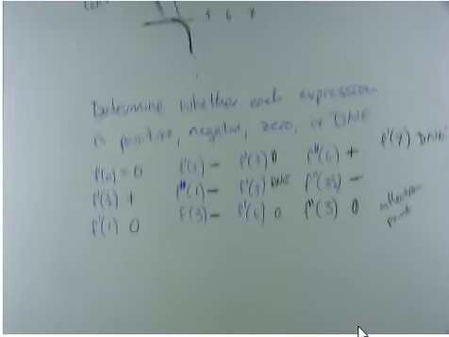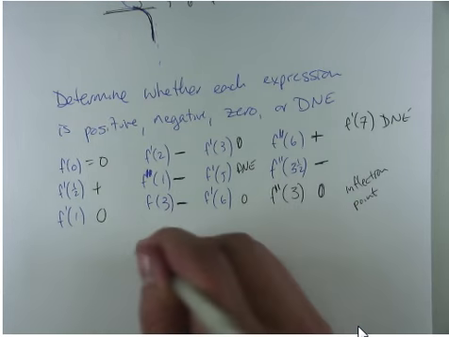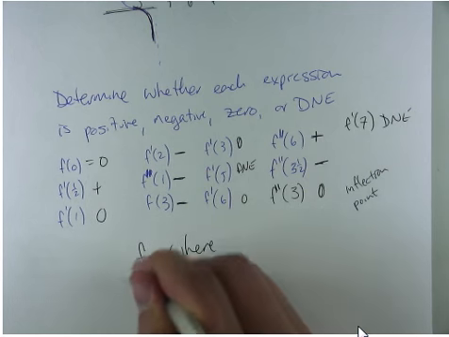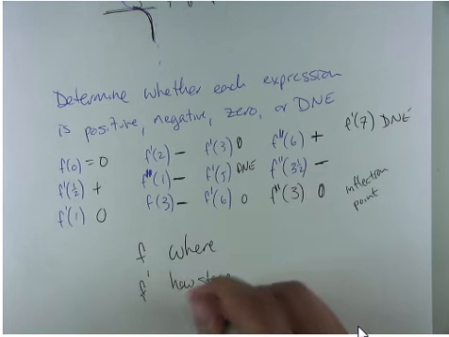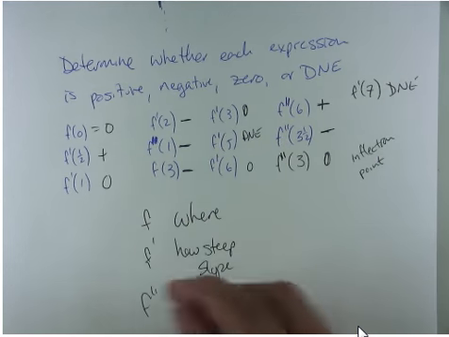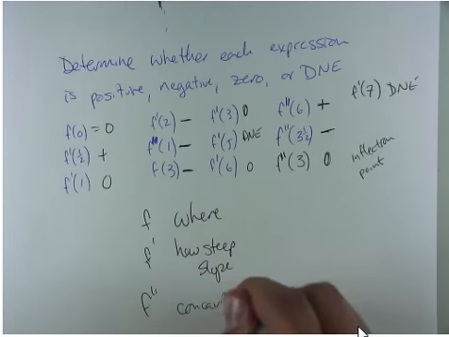So, again, just to reiterate, f is where, f prime is how steep. This is slope. And f double prime is concavity. It's the curve.